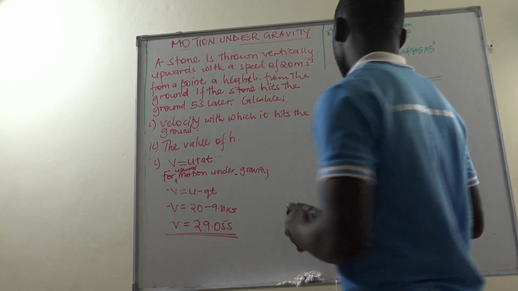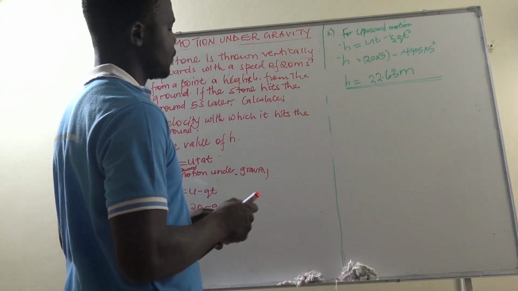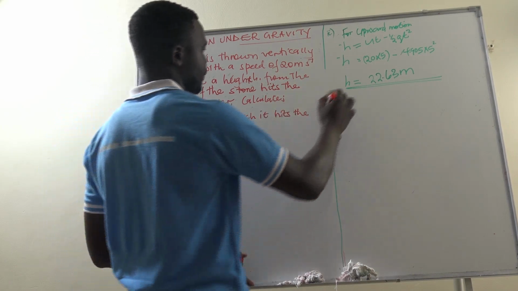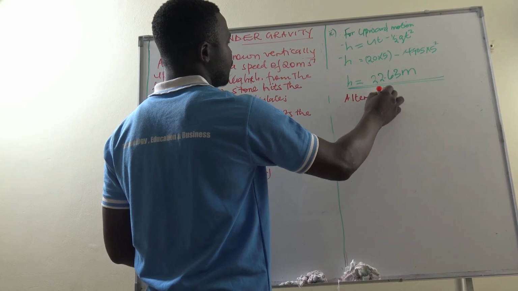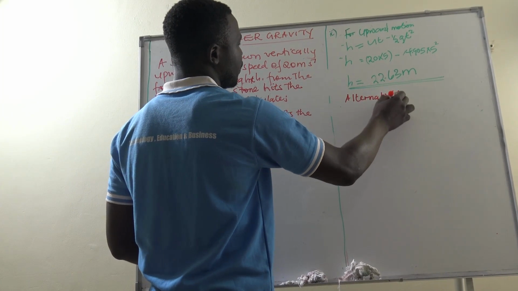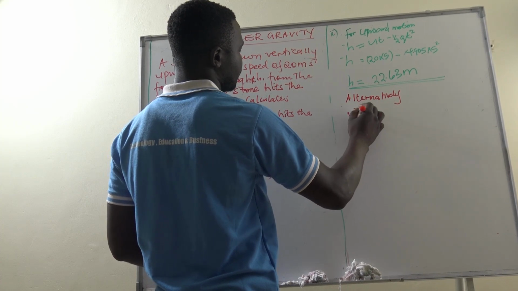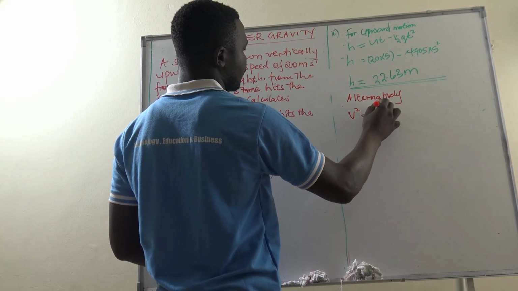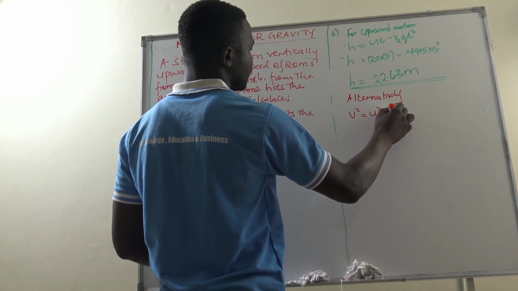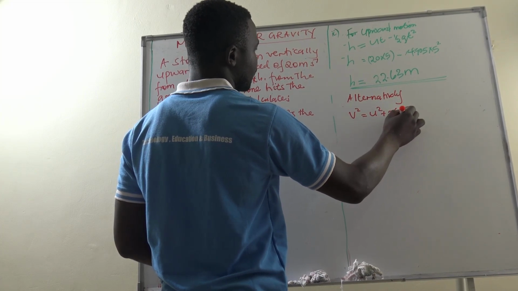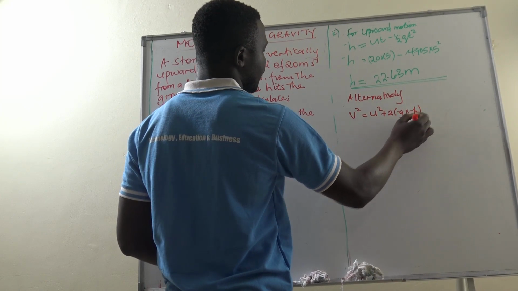And of course, we also have the third equation of motion, which also has h, or the displacement. So we can say alternatively v squared is equal to u squared plus 2 times negative g times negative h.